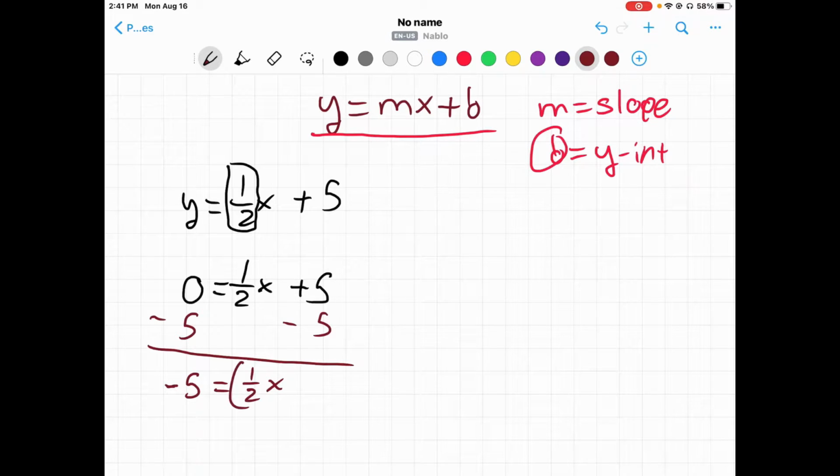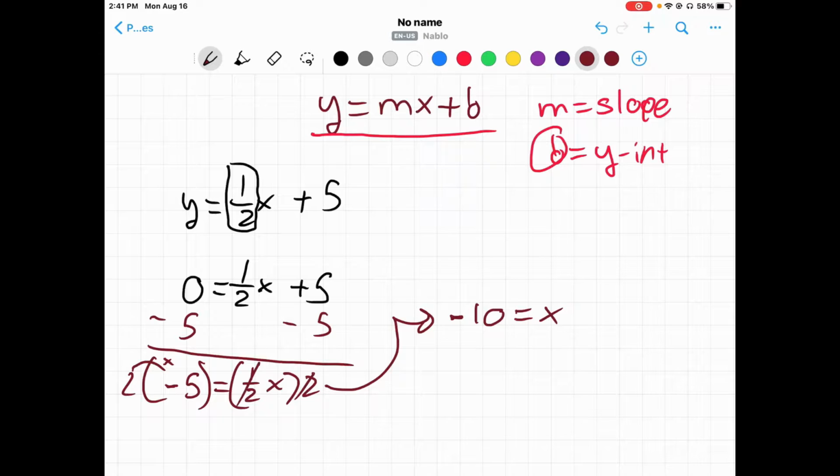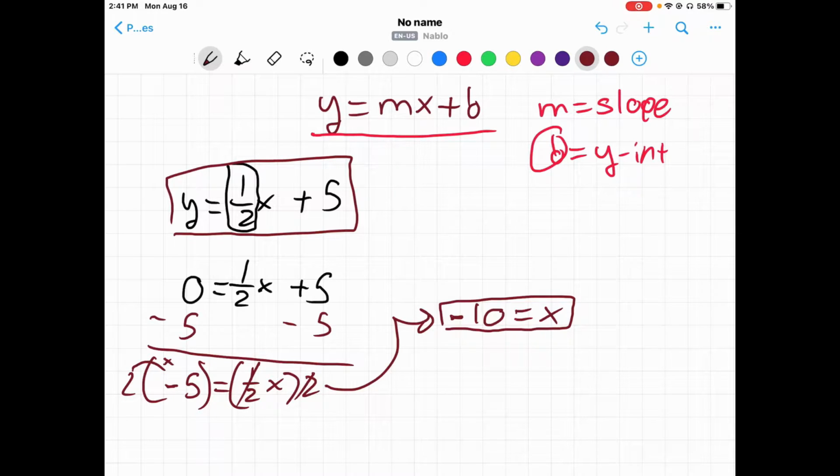Now we're going to multiply both sides by 2 to cancel out the fraction, and we would get 2 times -5 is -10 equals x. So now we know that the x-intercept, or when y is 0, of this linear function is -10, or in other words, at (-10, 0), and the y-intercept would be at (0, 5).